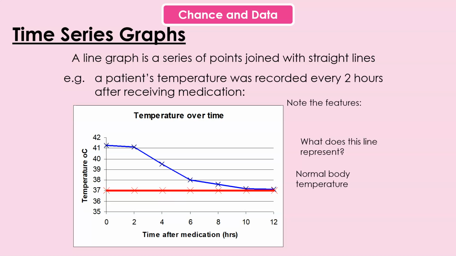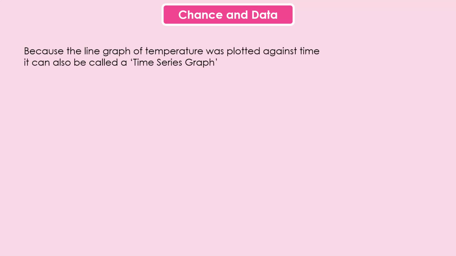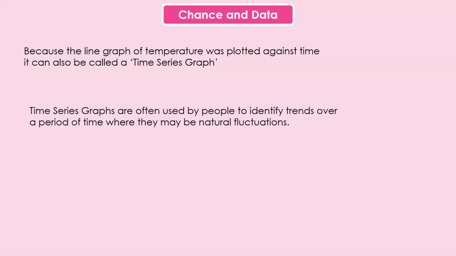So maybe it took 2 hours for the medication to start working. So we can gather information over time of the same subject. Because time is always on the x-axis, it's called a time series graph.